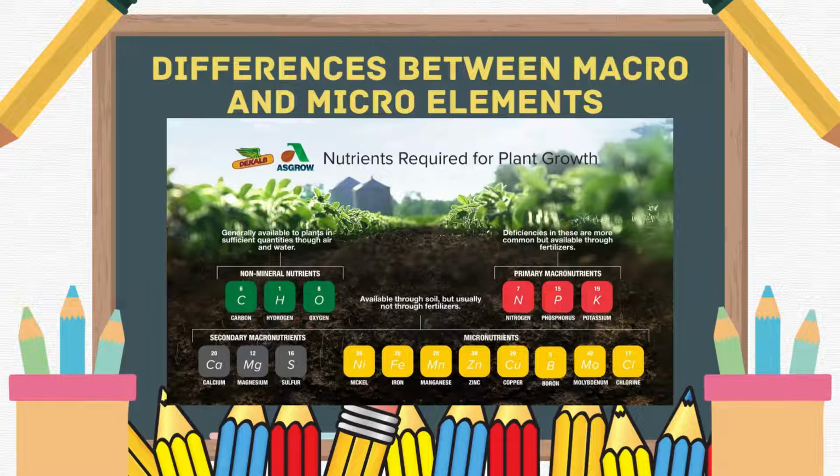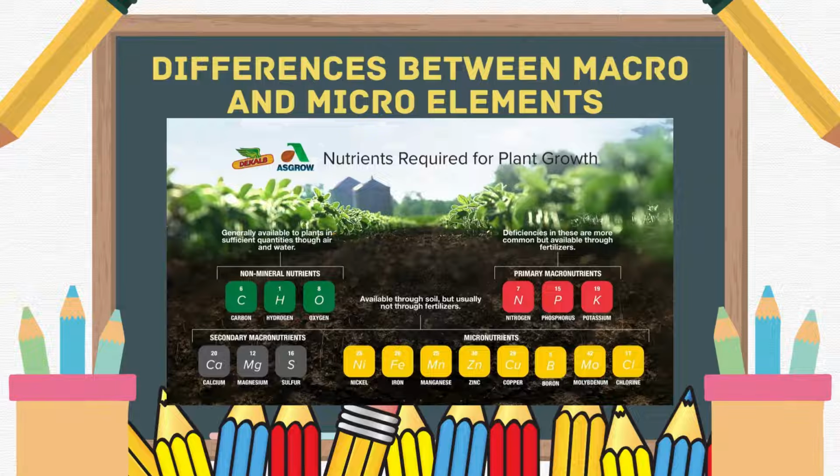Now, remember I had said with the macro elements, we have primary macro elements. So what are these? If you look on this diagram, they are colored in red. These are elements that are needed in large quantities, and there is usually a shortage of them.